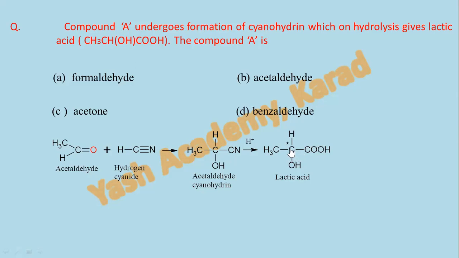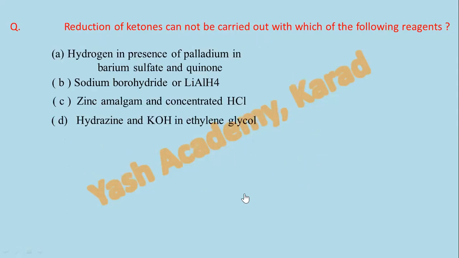And if you observe the carbon of this structure, that is the lactic acid, you will find that it is bonded to 4 different atoms or groups: hydrogen, methyl, hydroxyl, and carboxylic acid. So lactic acid is optically active, so it can exist in 2 isomeric forms. So the correct option of this question is B, that is the acetaldehyde.